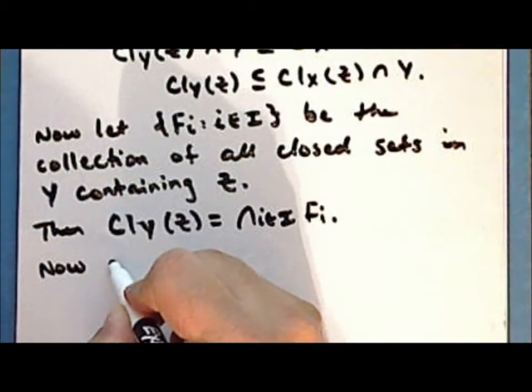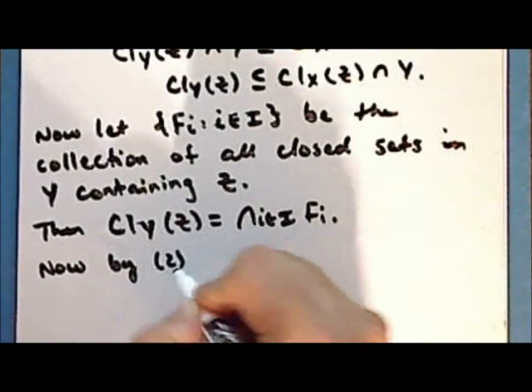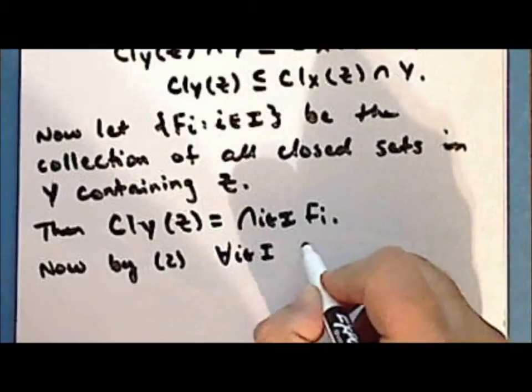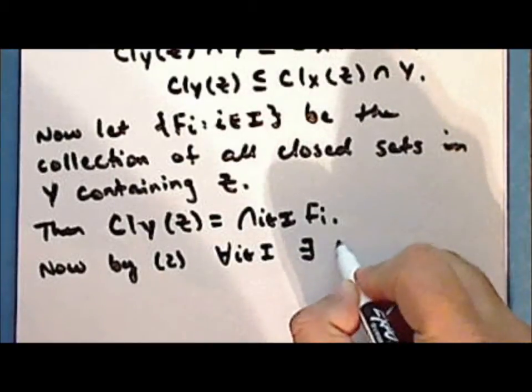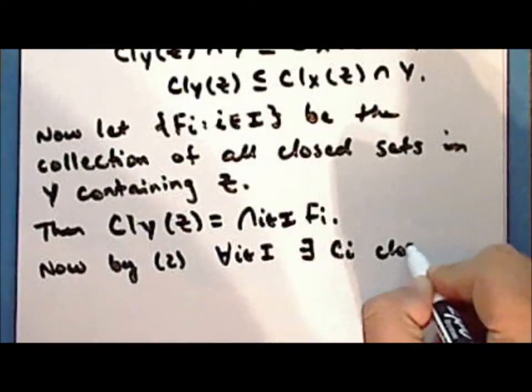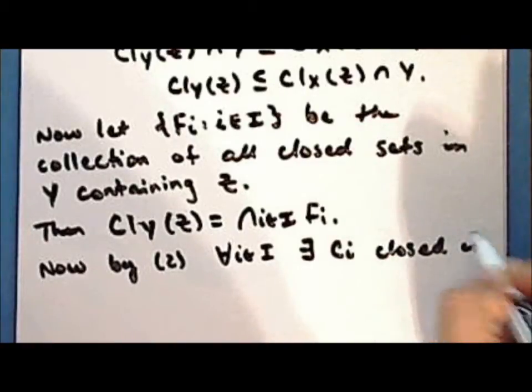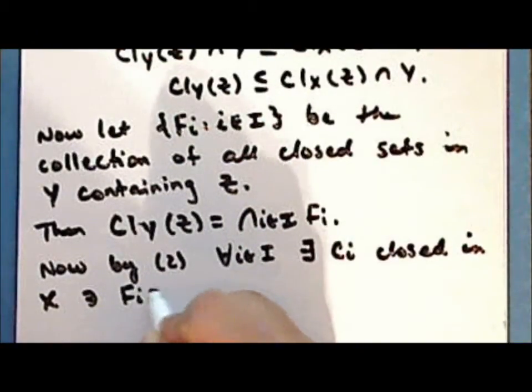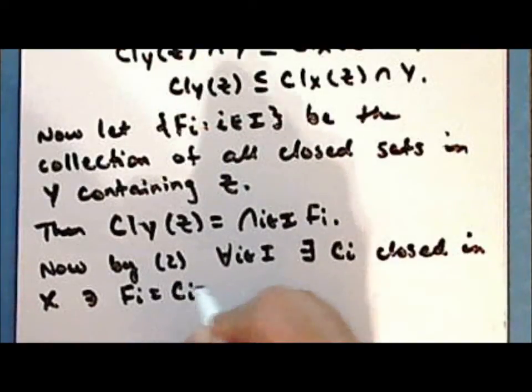Now, by statement 2, we have that for every index I, there exists a set C sub I which is closed in the ambient space X such that f sub I is the intersection of C sub I with the set Y.